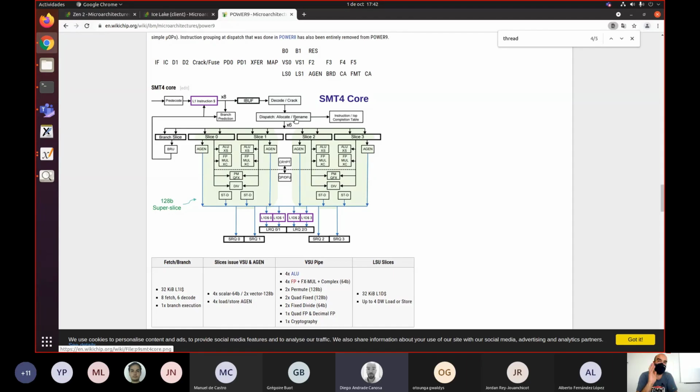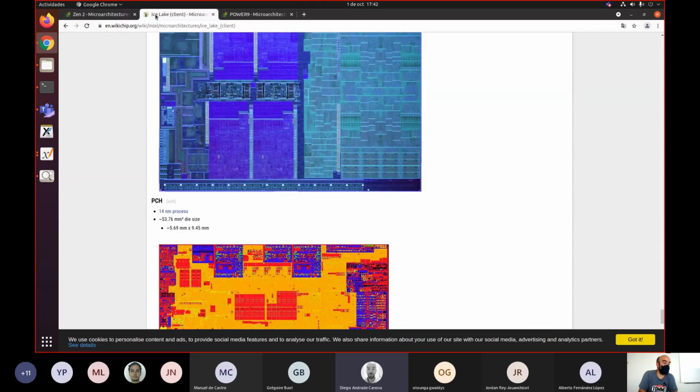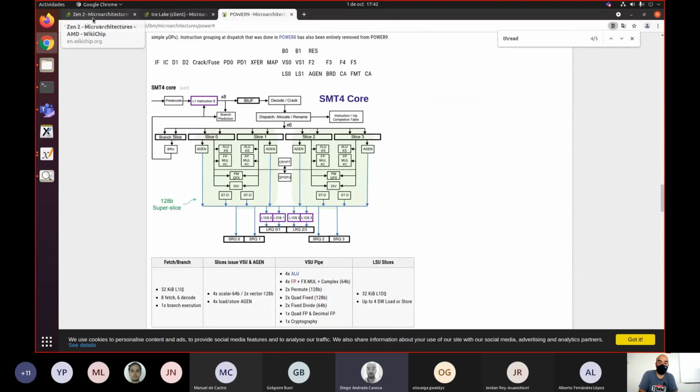I would like you to consult these 3 links, not all of it because it is very long, and try to identify the ideas that we have seen so far in the high performance architecture subject in these architectures. This is something you have to do in your task for high performance architecture.